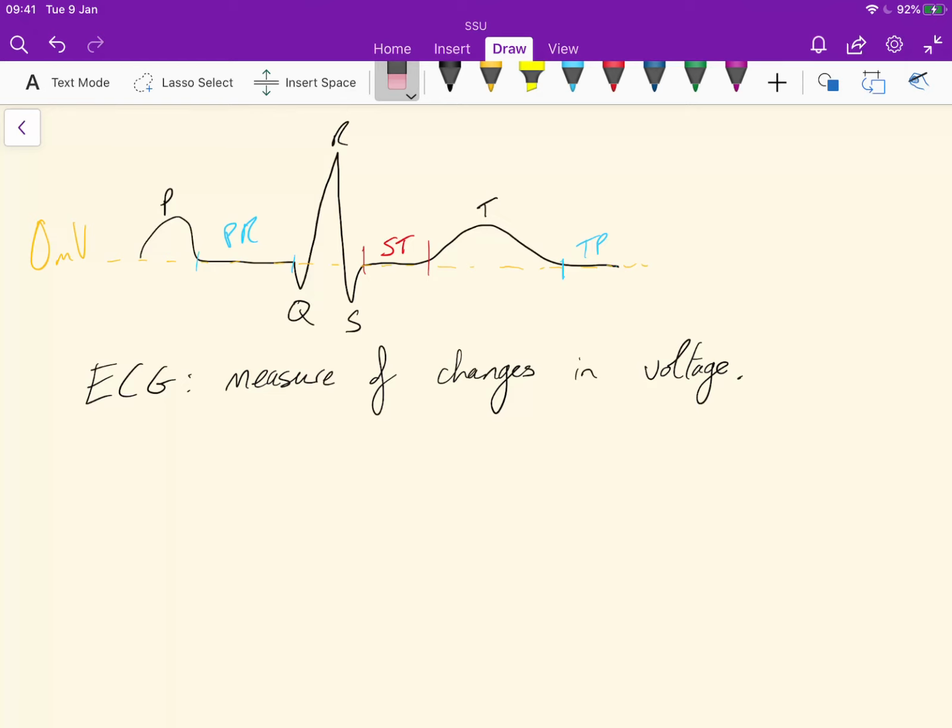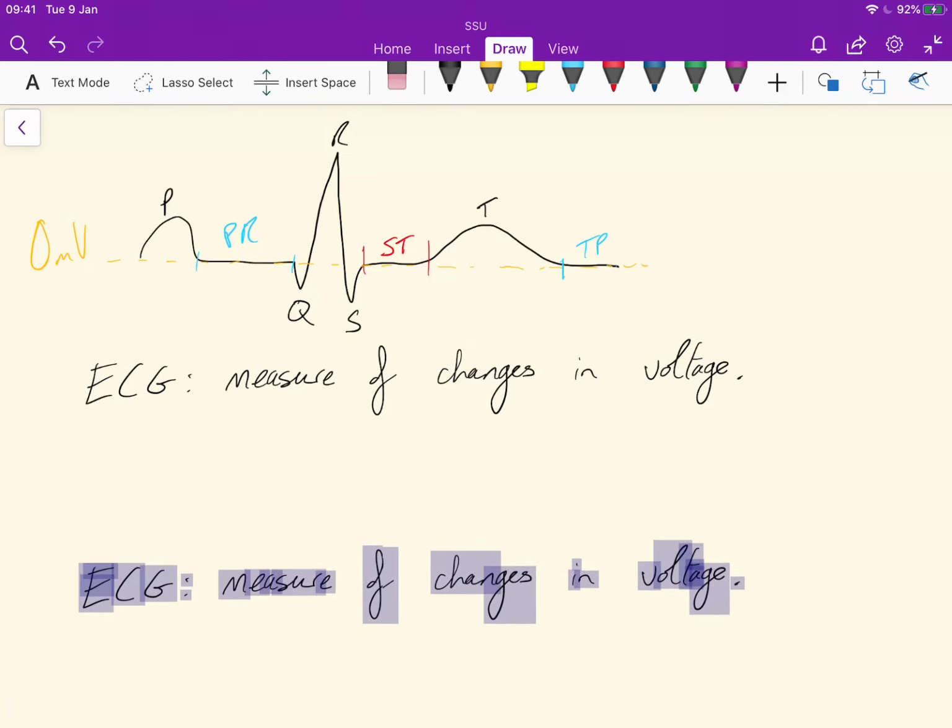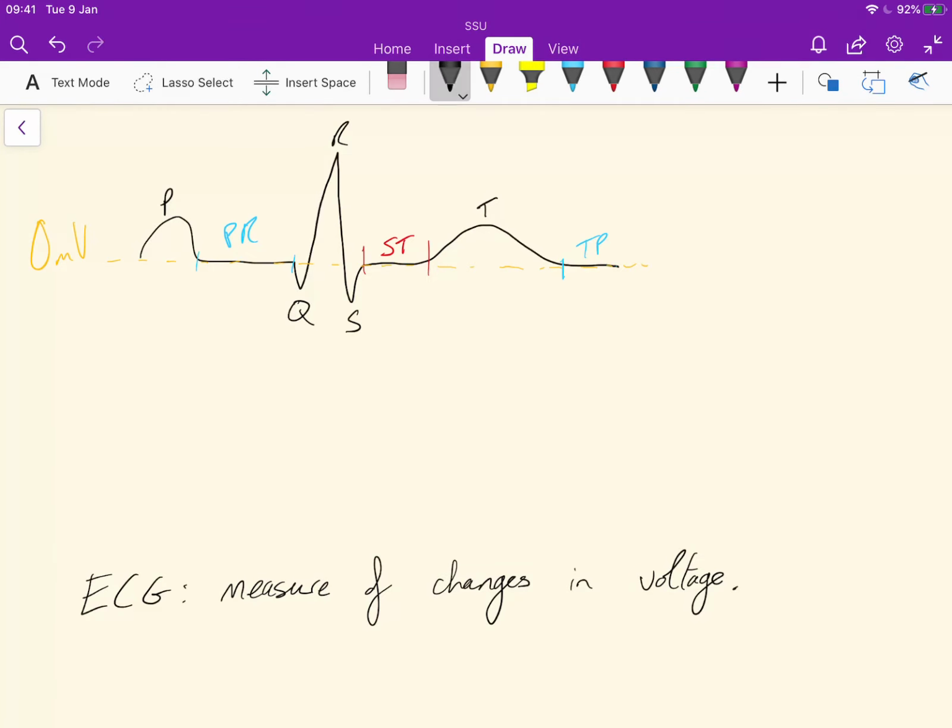So if we draw a diagram of the ventricle with an overlying lead, we have depolarization moving from the atria towards the overlying lead.